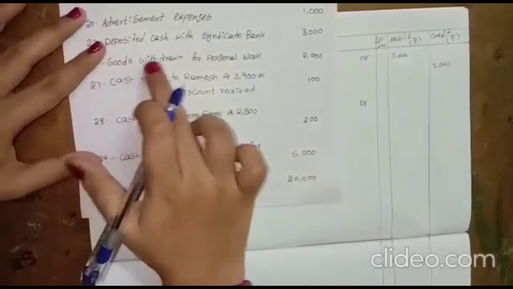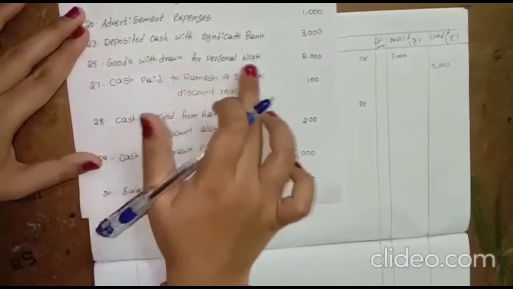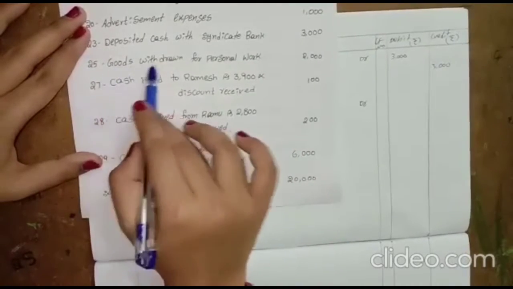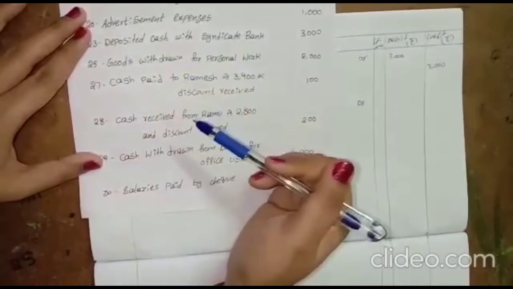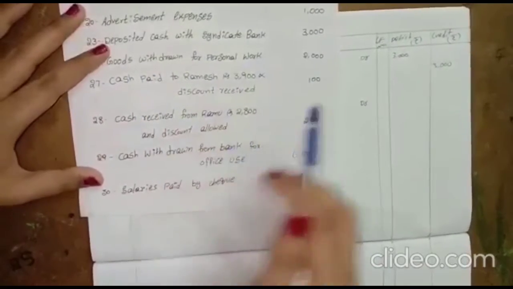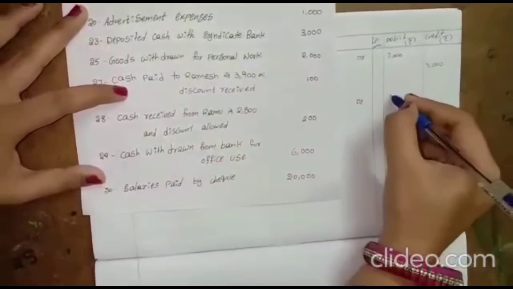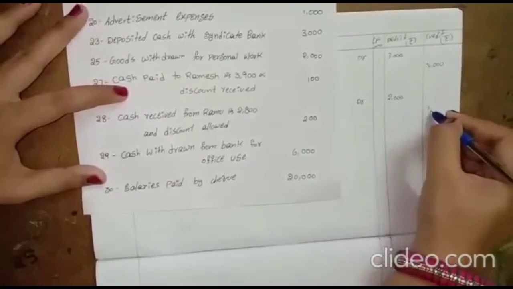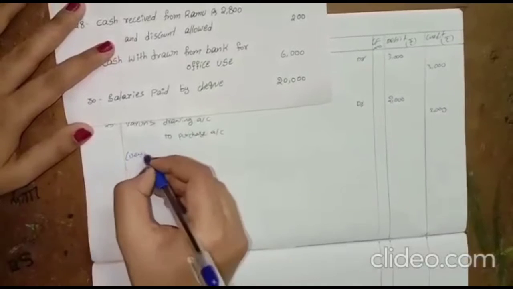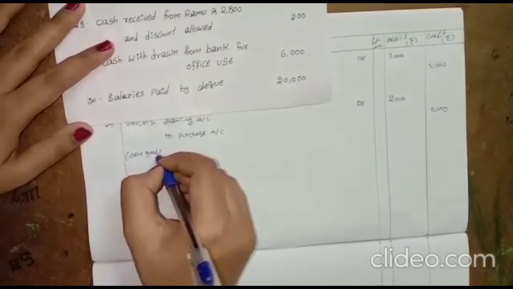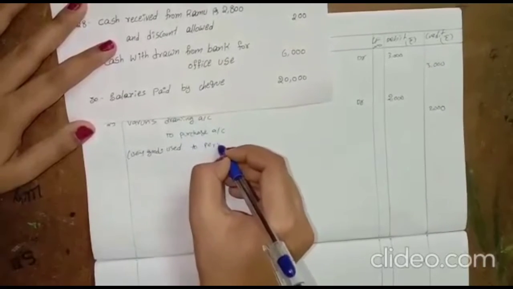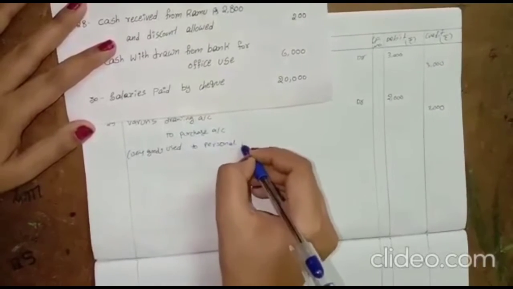See here, goods withdrawn for personal work. We have purchased goods, so these goods are withdrawn for personal work. It is 2000 rupees. The narration is being goods used for personal work.